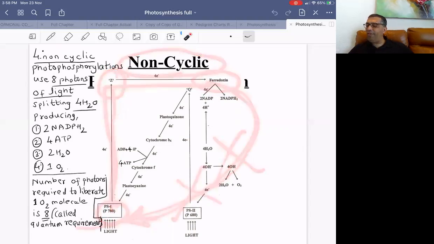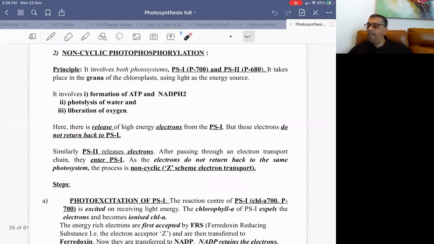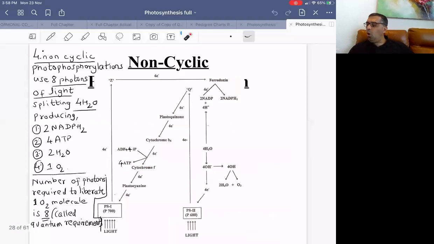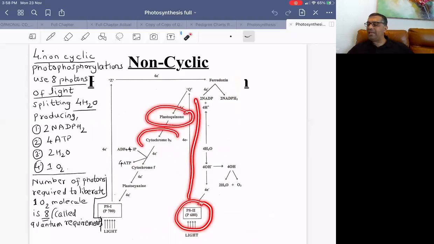And as a matter of fact, another thing, PS2 also releases electron. And after passing through electron transport chain, it enters PS1. So PS2 also releases electron, which goes to plastoquinone, cytochrome B6, cytochrome F, plastocyanin.